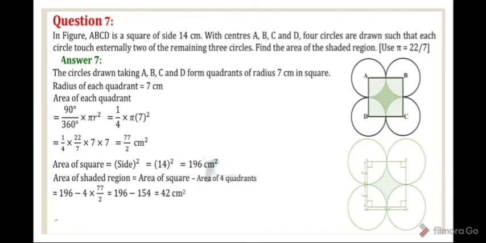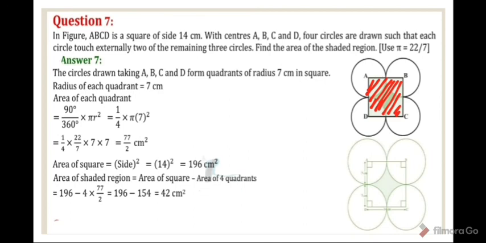If you look at the diagram, ABCD is a square given, and taking A, B, C and D as centers, you have to draw 4 circles in this way. You have to find the area of this green portion. First of all, you can easily find the area of the square by the formula side square.